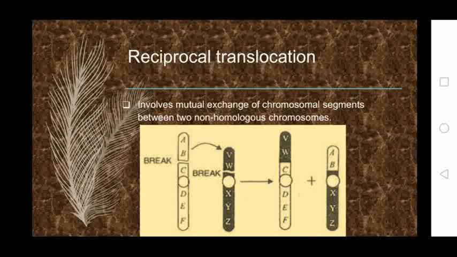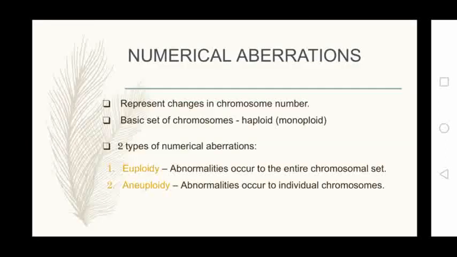You can see a break after the gene B in the first chromosome, and also a break after the gene W in the second, black colored chromosome. So the first chromosome exchanges the AB gene segment with the second chromosome, and the second chromosome exchanges the VW genes with the first chromosome. So this is known as reciprocal translocation and involves mutual exchange of chromosomal segments between two non-homologous chromosomes.